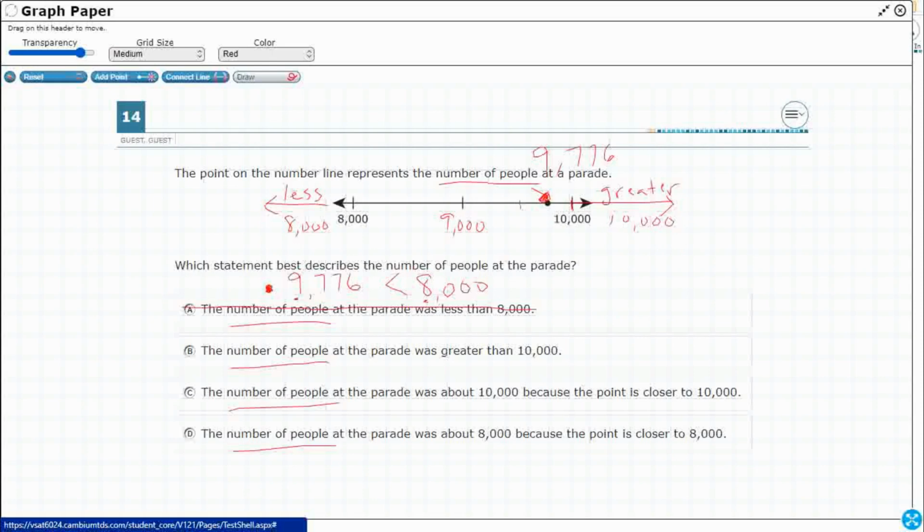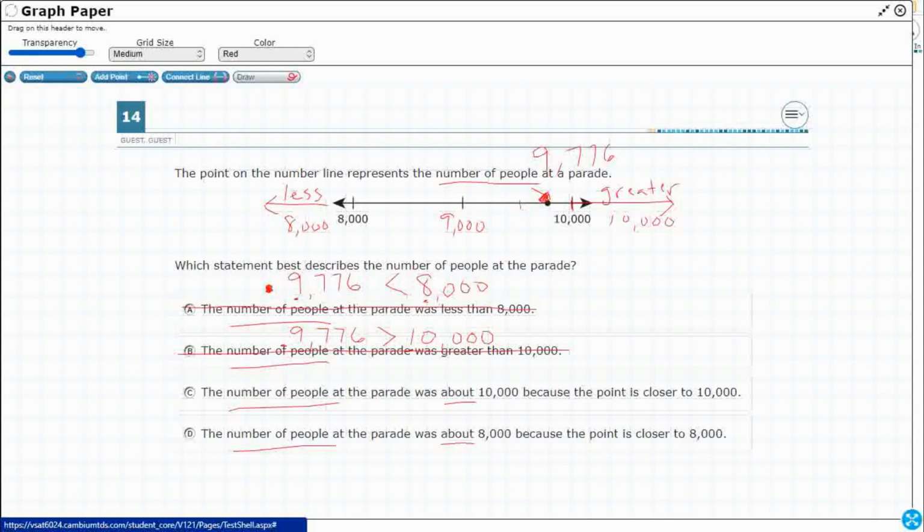Once again, let's see what happens when we put the number in there. 9,776 is greater than 10,000? No, look, this has a digit in the 10,000s place and this has nothing in the 10,000s place. 9,000 is always less than 10,000. So B is incorrect.